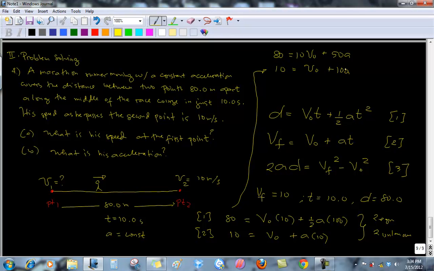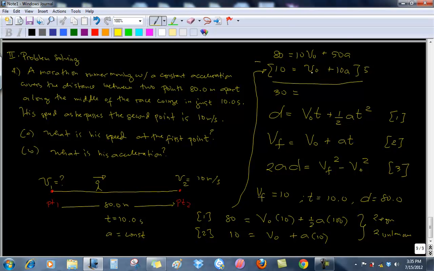So, the best way, I multiply both sides by 5, then I subtract. Elimination akong approach, para ma-cancel ang 50A. 10 times 5 is 50, so cancel na sila. So, we'll have 80 minus 50, that's 30, equal to 10 minus 5, which will be 5 V0.